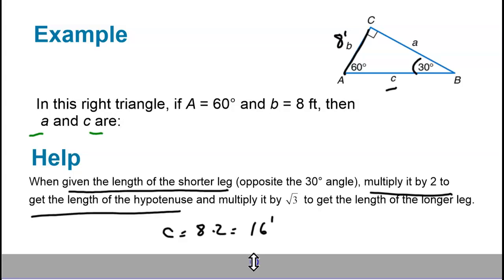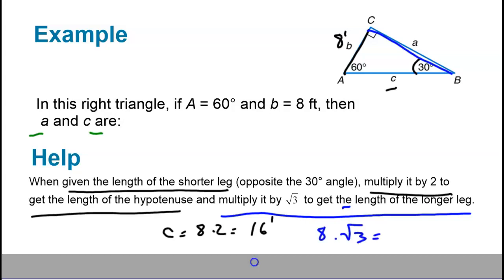Now, we still need to find A, which is this side over here, and that's our longer leg. It says that when given the length of the shorter leg, you multiply it by the square root of 3 to get the length of the longer leg. So what we'll do is multiply 8 times the square root of 3.